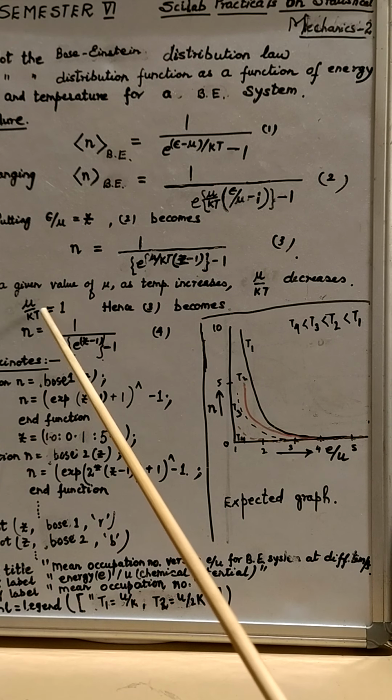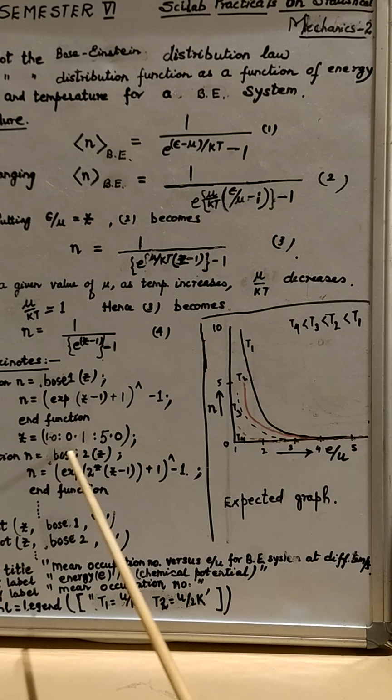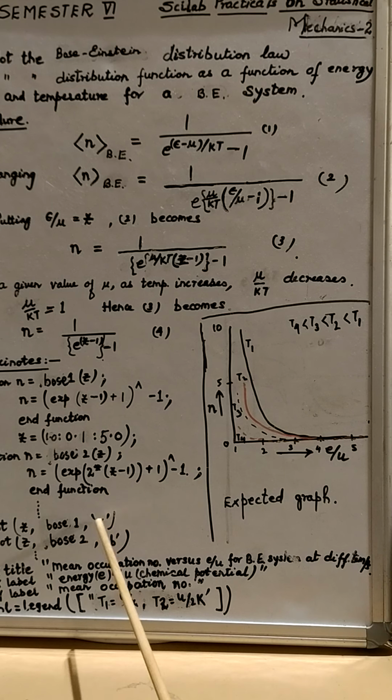And similarly, when I take mu by kT equal to 2, this becomes Bose2(z), and so on and so forth. So I plot z, Bose1, and then I have r in inverted commas, that means I'll get a red curve, and when I write blue, I'll get a blue curve, and so on. For the title of the graph, I have written what is the usual thing to do.